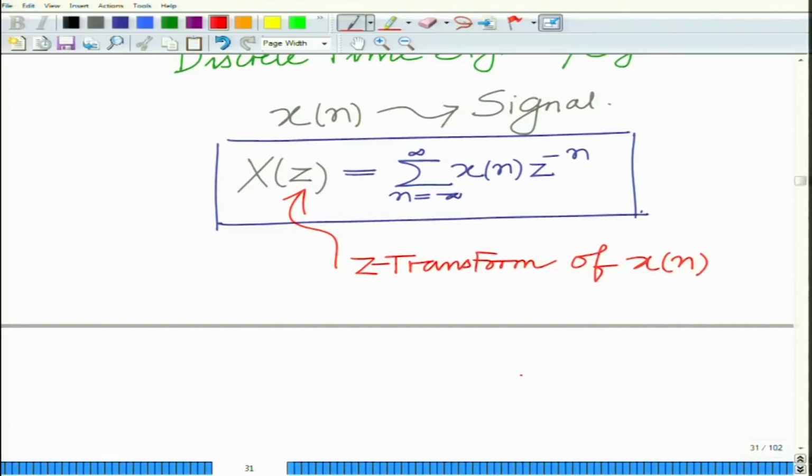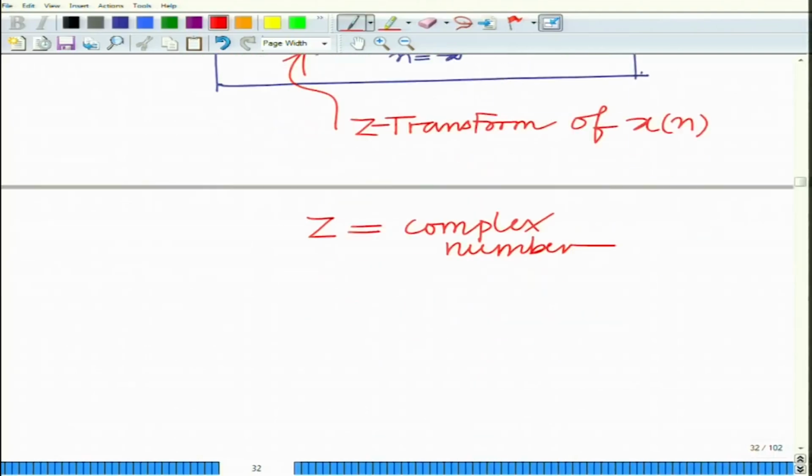This is the definition of the Z transform of x[n], where z is a complex number and can be represented in terms of its polar coordinates, that is magnitude and phase, as r e to the power of j omega.